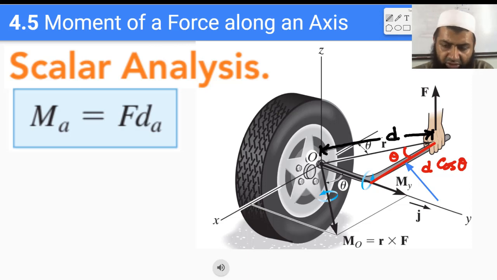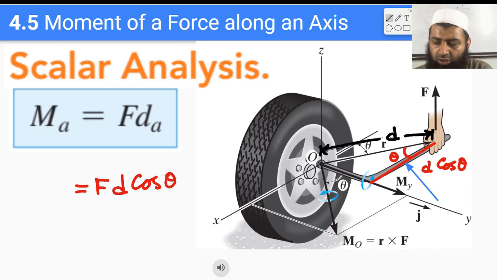So the moment of this force F about the y-axis is just equal to F times d cos of theta. That is how we use the scalar analysis form for the moment of a force about an axis.